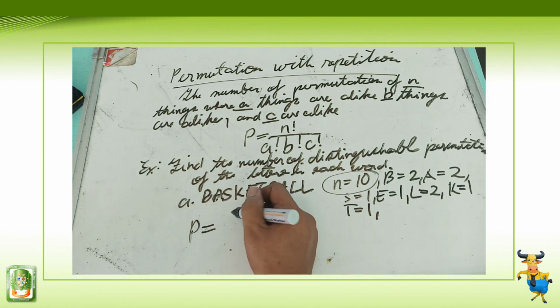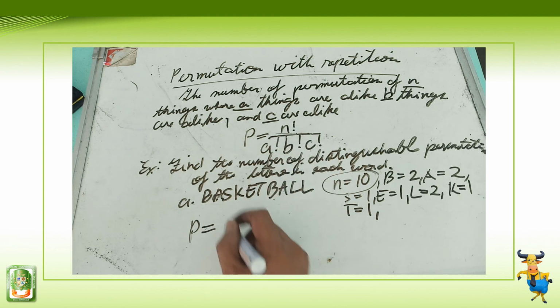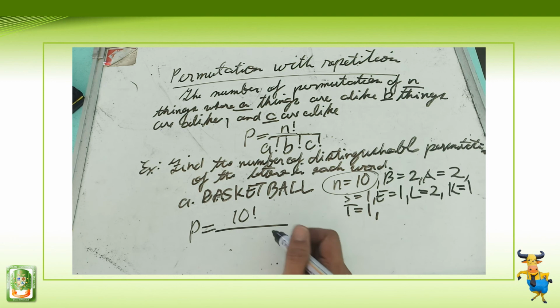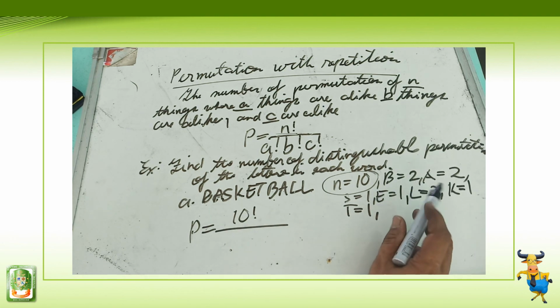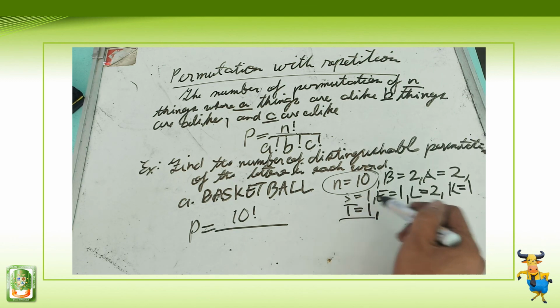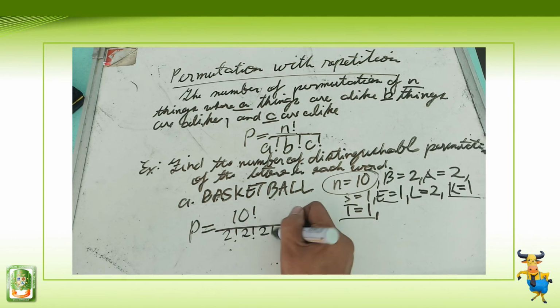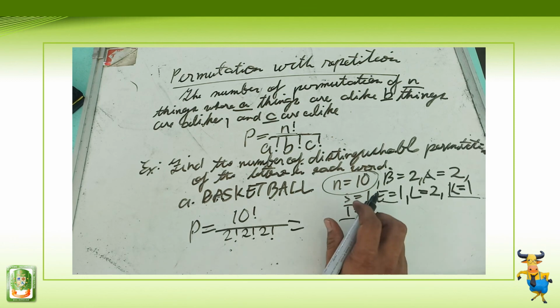Paano ngayon yan? So, P is equal to n factorial, so 10 factorial over. Pagsasama-samahin na natin yung ano. So, understood naman, itong mga 1 na ito is equal to 1 lamang, so hindi na natin sama yan. So, 2 factorial, 2 factorial, and 2 factorial.